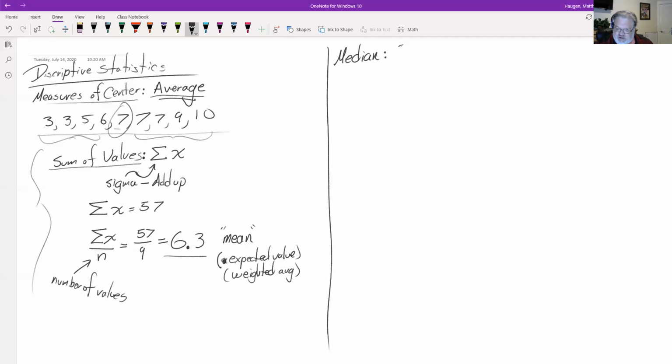It is the, I'm going to put middle here in quotes because it's kind of a weird word here, the middle value. Very specific though, when data is in order. So having our data listed in order here was very handy.